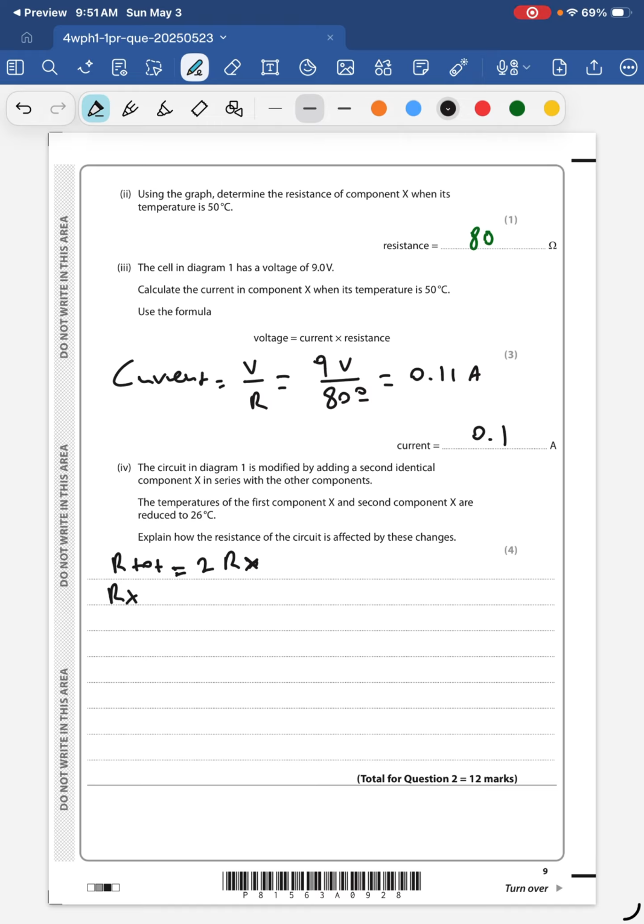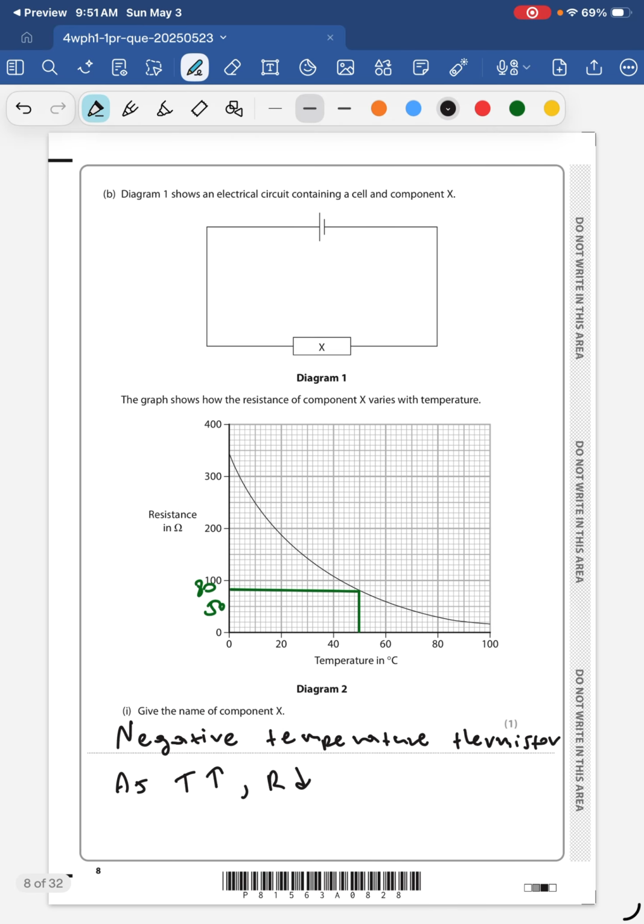Now Rx at T equals 26 degrees Celsius, we have to go back to the graph. Each of the small boxes over there represents an increment of 2 in the temperature, okay? So 26 is going to be 22, 24, 26. So this one over here corresponds to 160 ohms.